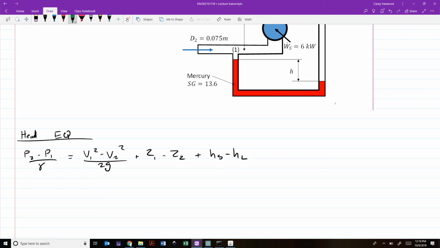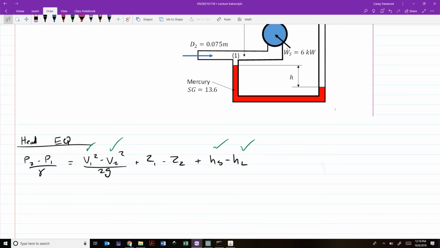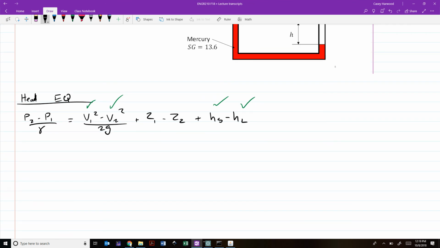So identifying our unknowns here, we don't yet know V1, V2, HS, or HL. We know Z1 and Z2, being that the 1.5 meters. Or we know HL too, because HL is given to us as 2.5 meters.